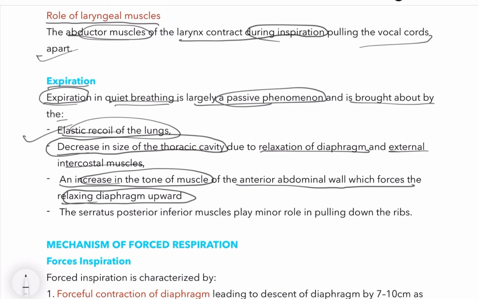Now as the diaphragm relaxes, again the process of inspiration is going to start, where the abdominal wall muscles will push the dome shaped diaphragm to become a flattened shape. Do remember this force. When there is expiration, the process of inspiration is going to start. So the relaxing diaphragm is like this, a dome shape, so the muscles will pull the abdominal muscles anteriorly and there will be the flattened shape.